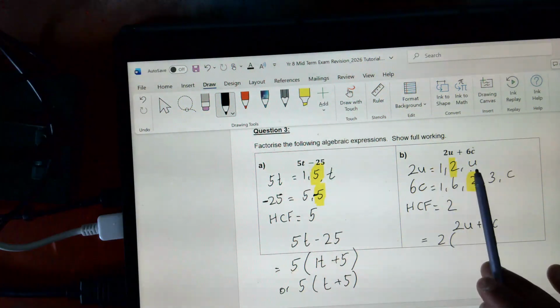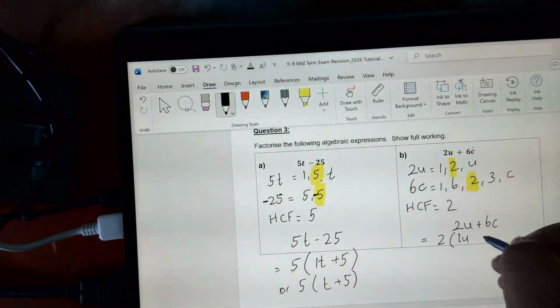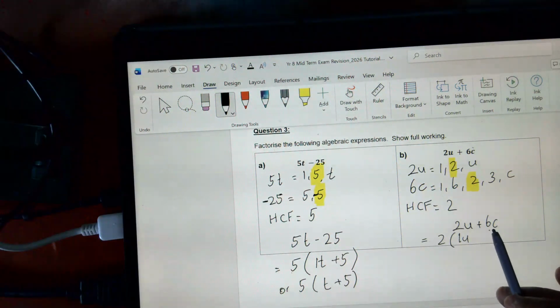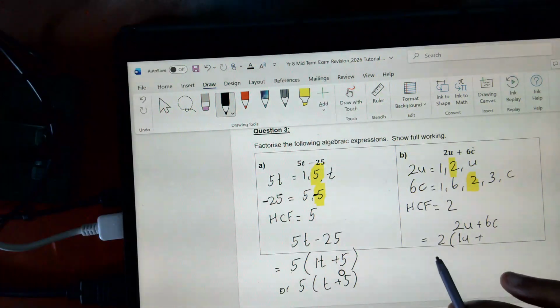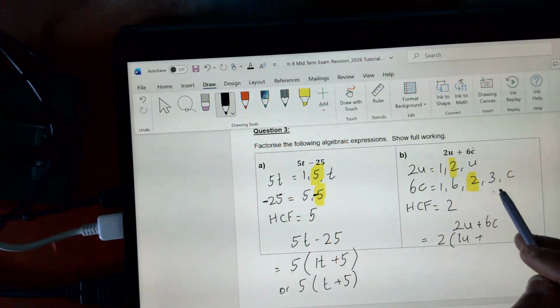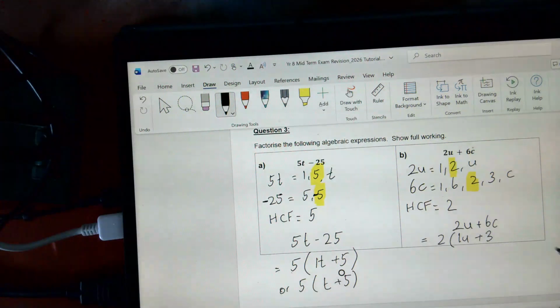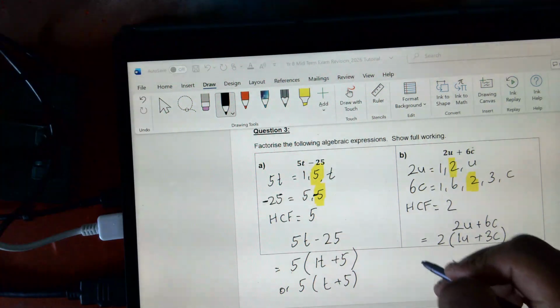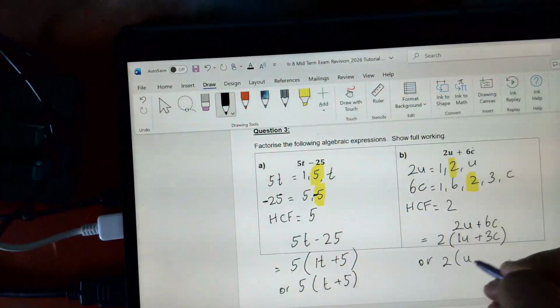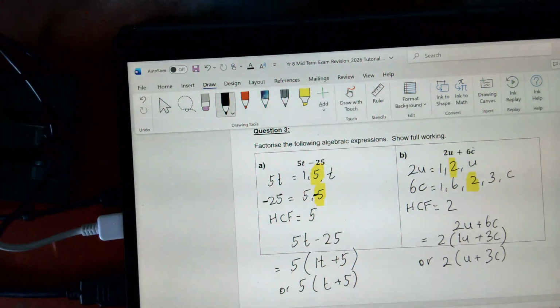Well, that's going to be 1u, and I know to get a positive, all my variables have to be positive, if that's a positive, and 2 by 3 gives me 6, and I need a c variable in there. Again, you can write this as 2u plus 3c.